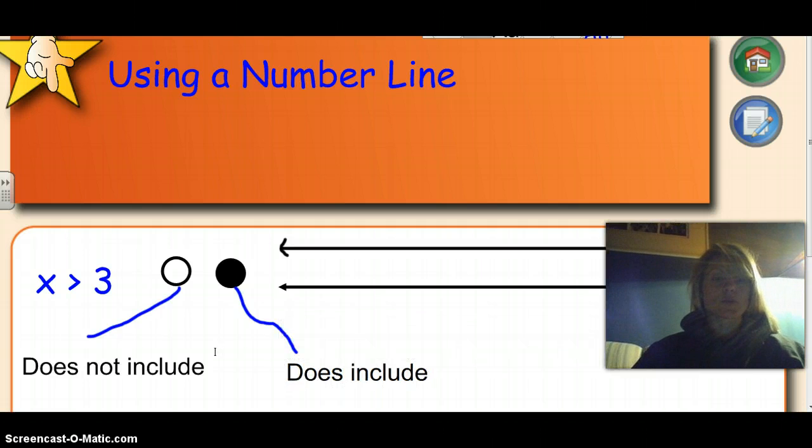Okay. So if I took this expression right here and I want to graph it on this number line that says x, and x can be any number. So it says x is greater than 3. So we'll make our number line here. There's 0. And then we have 1 and 2 and 3. So it says it's greater than 3.